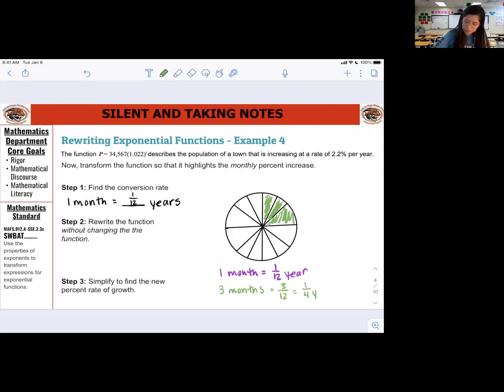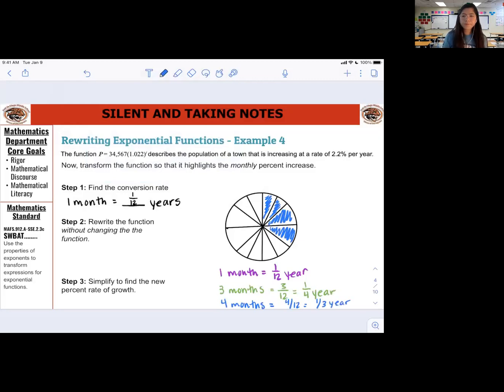So 3 months is a fourth of a year. I'll do one more. What would 4 months be? 4 months, 4 out of 12, right? And what's 4 out of 12 when you simplify it? 1/3. Good.